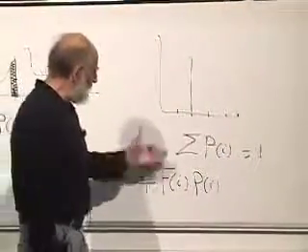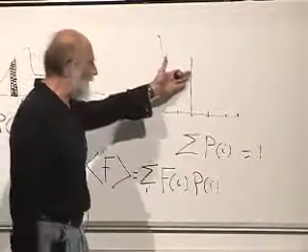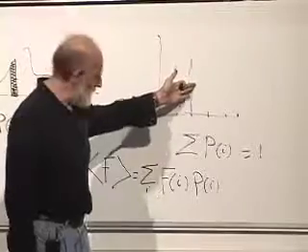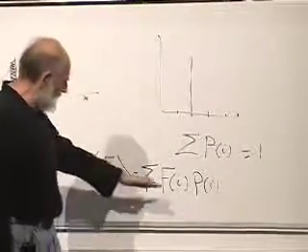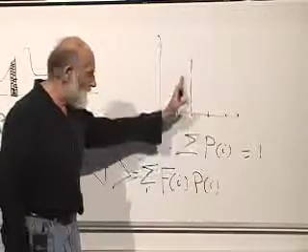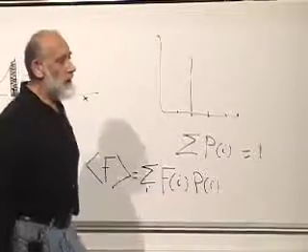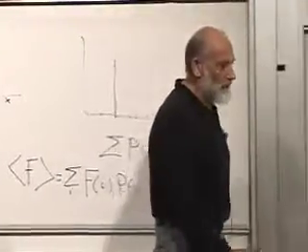If you wanted the average value of f, it's quite clear the average value of f is just the value of f at that point. If you look at this formula, that's what you'll get. All the p's are equal to either 0 or 1 in this case, and you'll only get one contribution. So that's called the average.